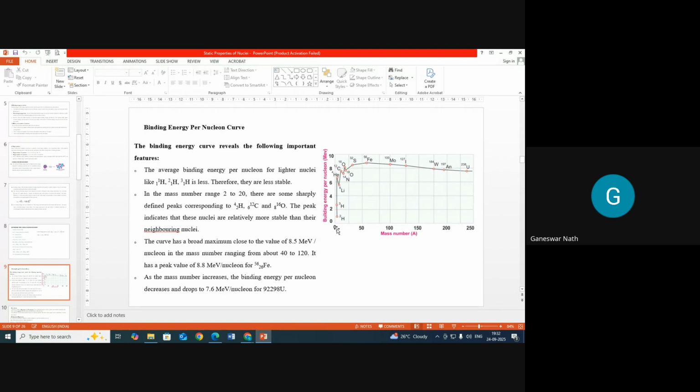But at around mass number 200 it again decreases. So this is the nature of the binding energy per nucleon, and the details of what I told are written here, you can read.